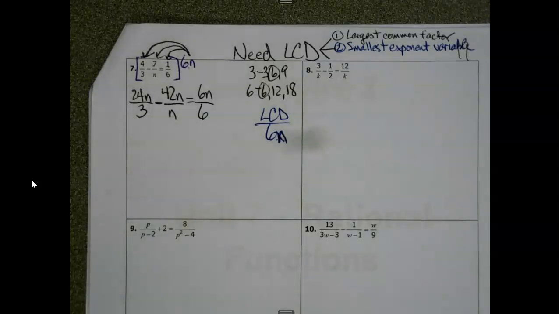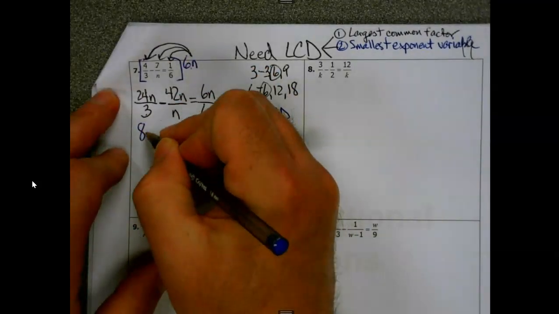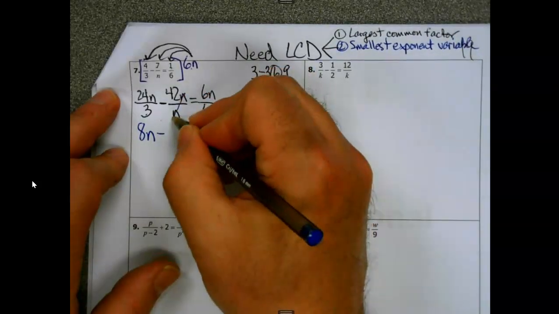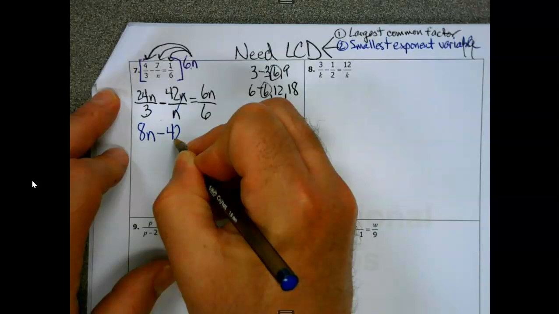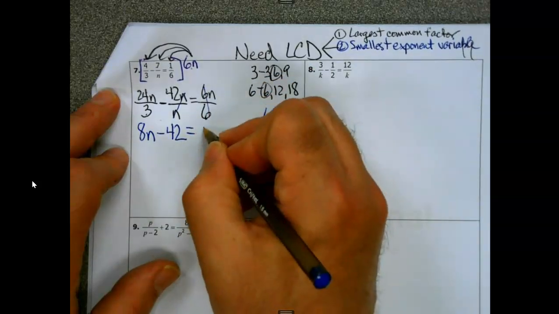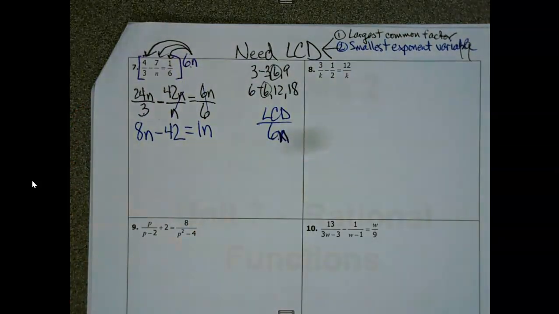You're like, Hardy, that still looks like fractions. Well, it won't, because 24 divided by 3 is 8. Here the n's cancel, and here the 6's cancel. I guess I could make it 1 if I wanted to. That's the whole idea of multiplying by an LCD.